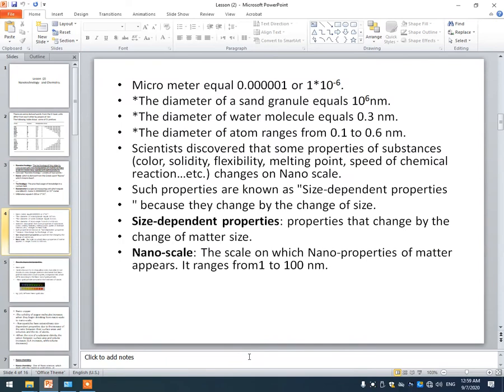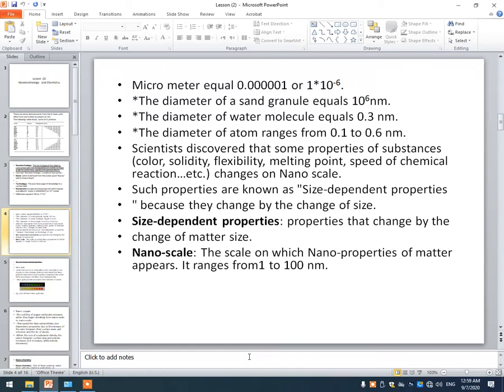Micrometer equals 10 to the power negative 6 meters. For example, the diameter of a sand granule equals 10 to the power 6 nanometers. The diameter of a water molecule equals 0.3 nanometers. The diameter of an atom ranges from 0.1 to 0.6 nanometers.